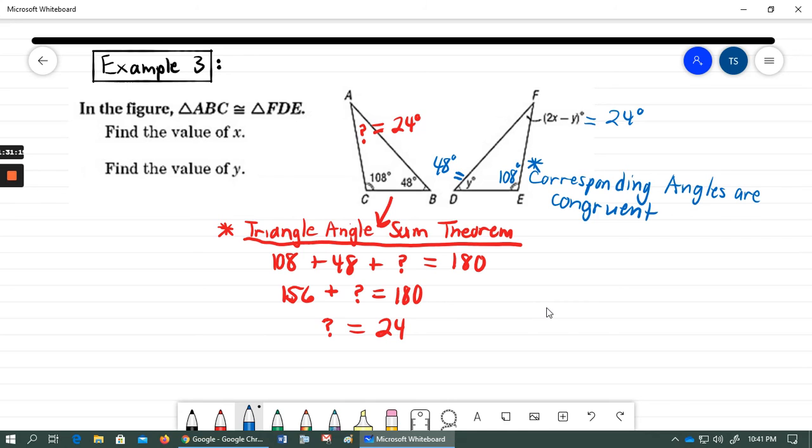So, guys, now that we know what Y actually is, let's go ahead on and substitute. Y is actually 48, so let's substitute that value in the place of Y. Y is 48, so that's 2x minus 48 equals 24.